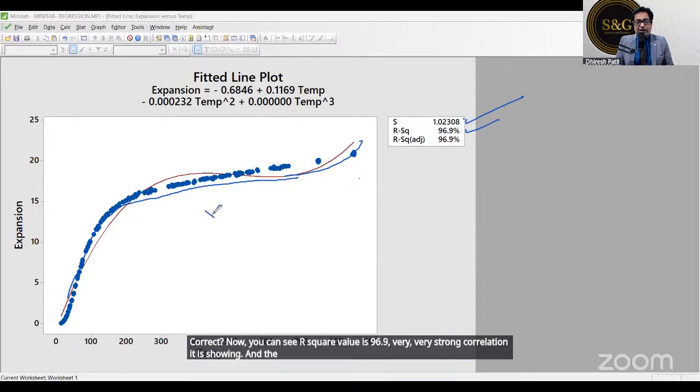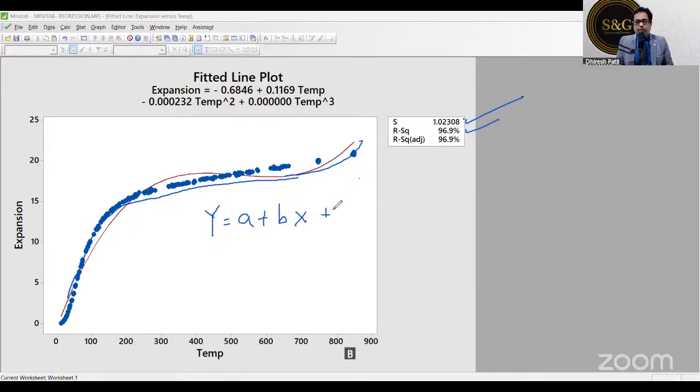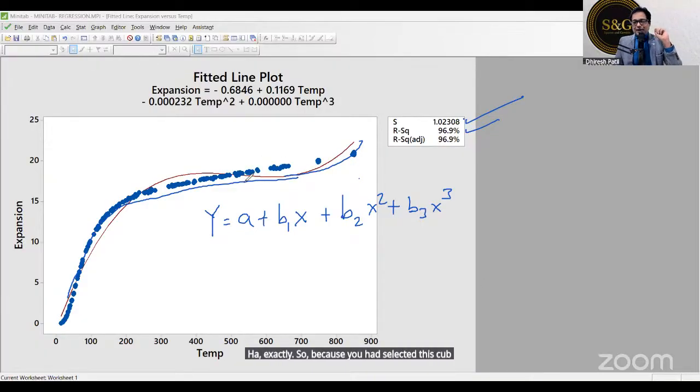And the cubic equation is y is equal to a plus b1x plus b2x square plus b3x cube. Exactly. Because you had selected cubic, that's where this S value came from.